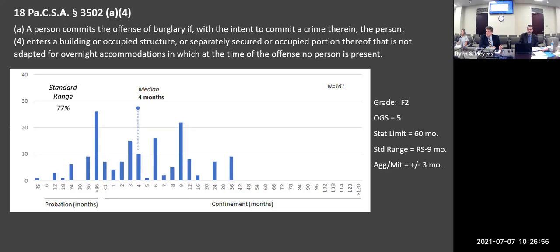And they looked at burglary. And at the time, all burglaries were felony 1s, and there weren't any distinctions in statute. You went into a place you weren't supposed to go with the intent to commit a crime. But when the commission looked at the data, the commission found 4 spikes like that. So it was quad modal or whatever.